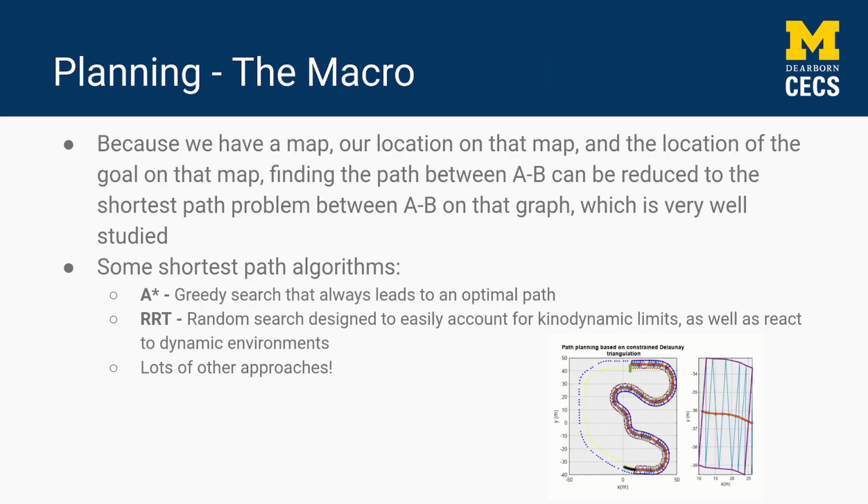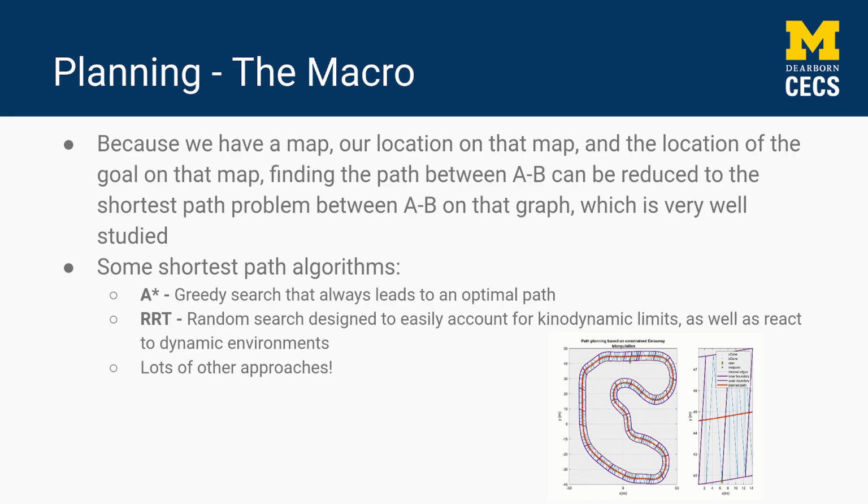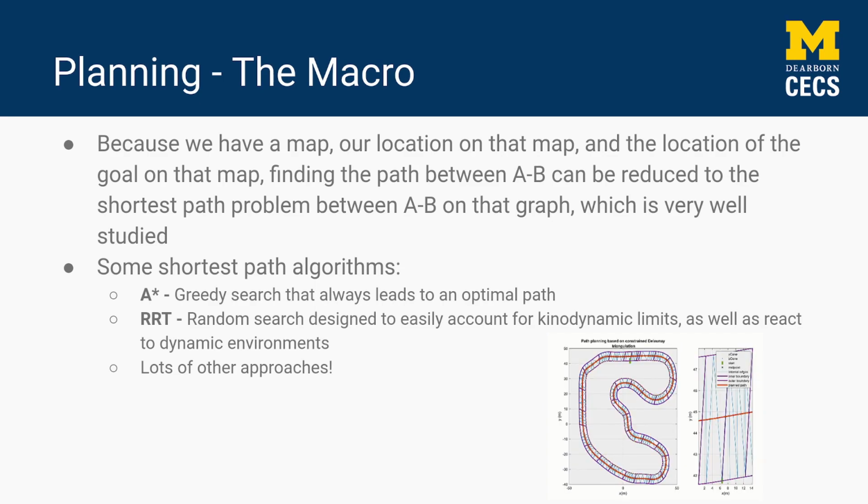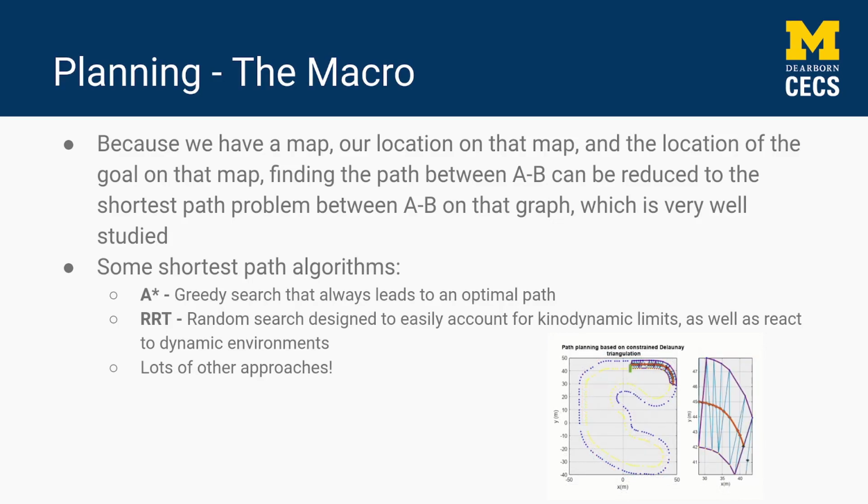But nonetheless, because we have this map, now remember this map is going to be a grid of squares that are generally like a couple inches big. They're pretty small. It's going to be a big graph. But technically speaking, this is a graph in the computer science definition, which means that finding the shortest distance between 2 points on that graph, avoiding obstacles, very obviously, this is just the shortest path problem.